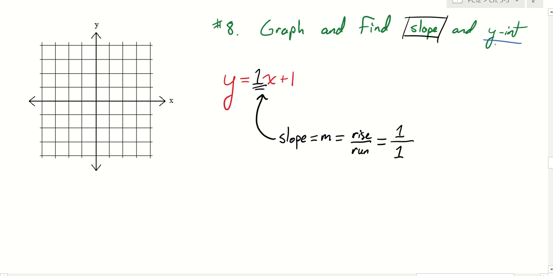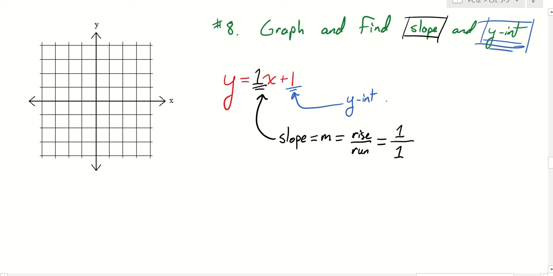Now let's look at identifying the y-intercept. To identify the y-intercept, that's really just a parameter that's controlled by this constant right here. This is our constant that we are adding to our x term, and so this is really just the y-intercept.